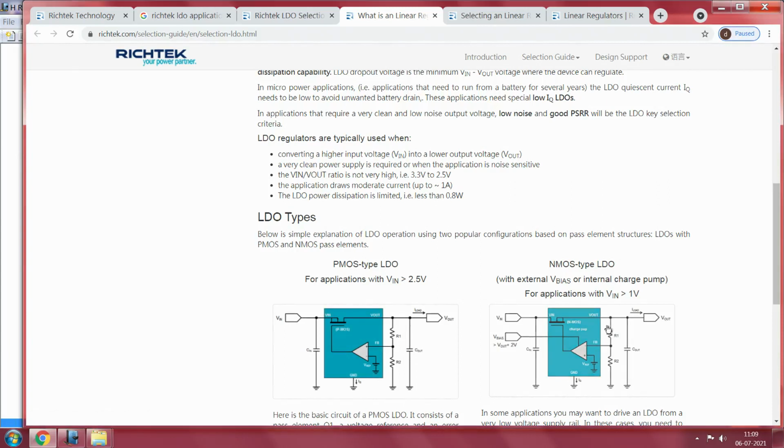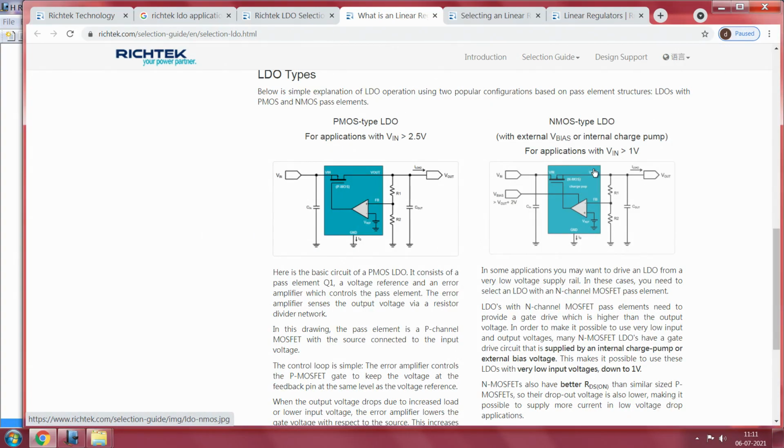Now, as far as NMOS is concerned, the NMOS LDO requires an additional circuit, a charge pump, because of the requirement of VGS. In order to control the gate and the conductance of the transistor, you need a VGS which is higher than the output, and therefore you need an external V bias circuit.